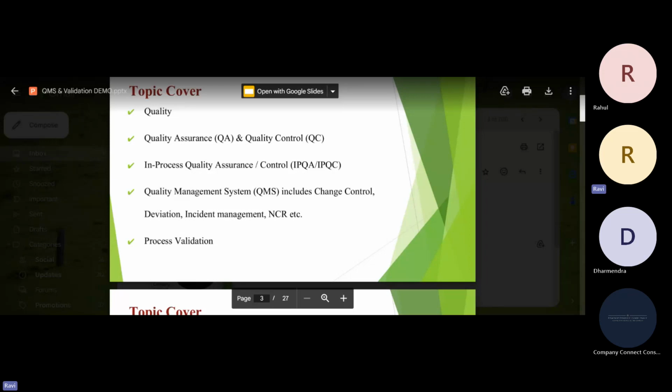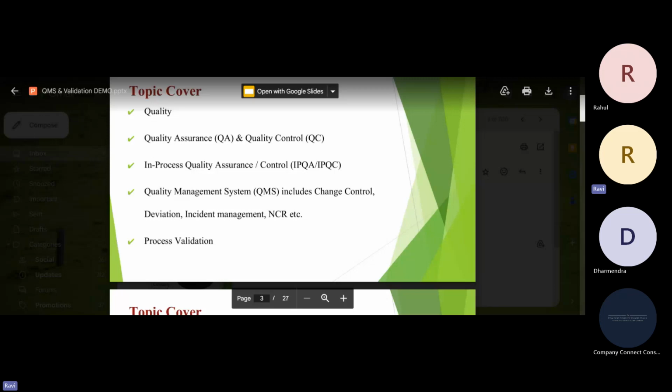Coming to validation, there are different types of validation: process validation, cleaning validation, computer system validation, equipment qualification or equipment validation, and method validation. There are different types of validation procedures or policies.